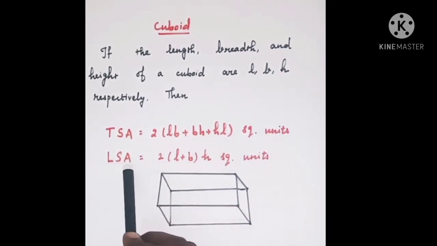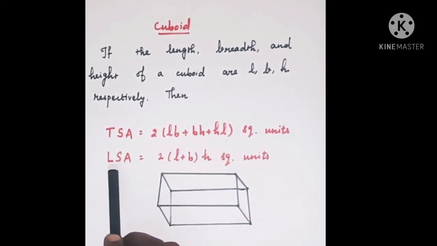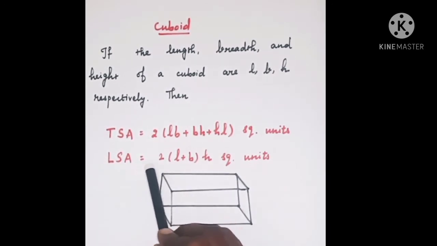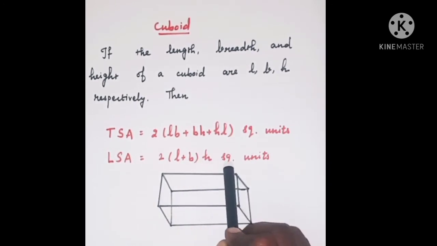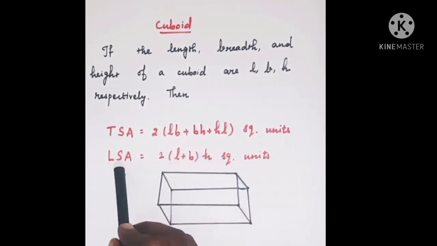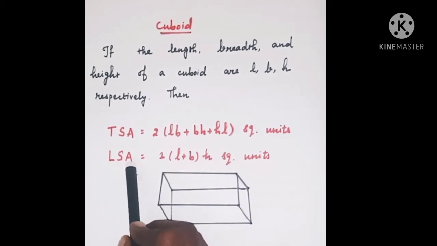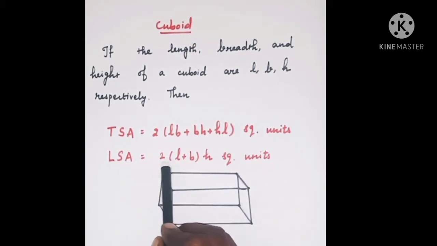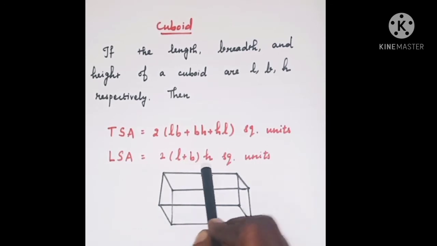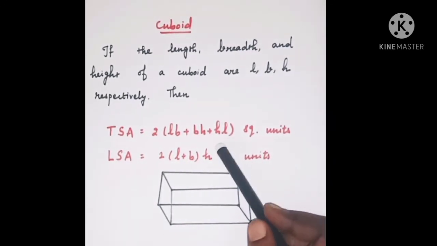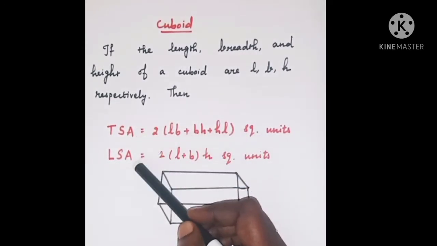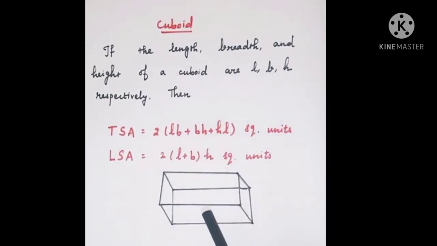And the LSA, lateral surface area, is equal to 2 into L plus B into H square units. So this is the formula for TSA and LSA of the cuboid.